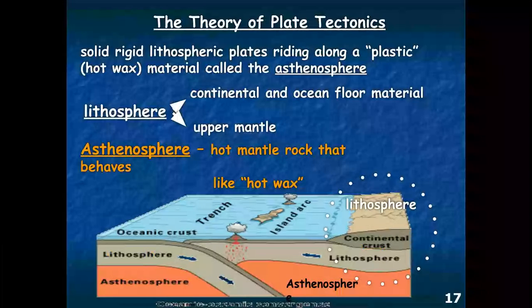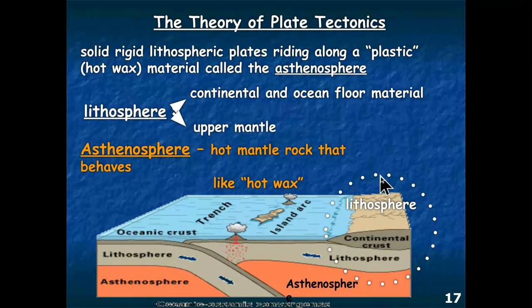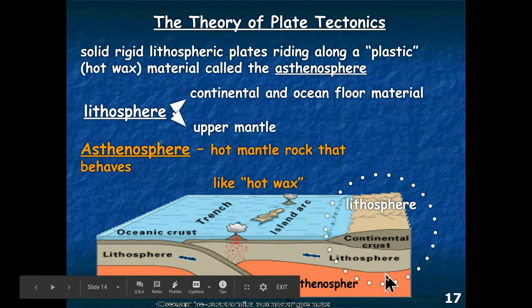We can take the lithosphere and divide it into two components, continental and ocean floor material and the upper mantle. So the lithosphere is upper mantle, continental, and ocean floor material. And if you look down at the diagram where my arrow is, I have circled here the upper mantle, continental crust material, and the ocean floor.